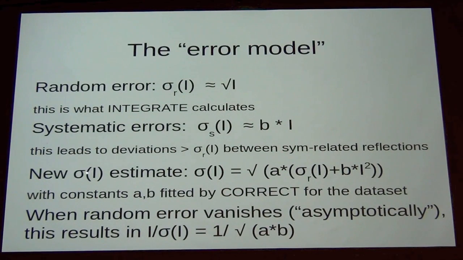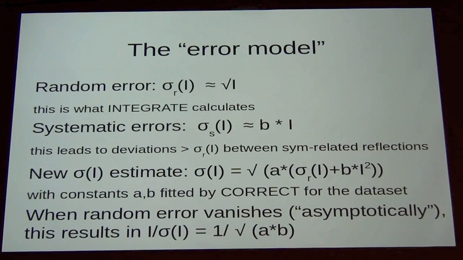So now the new error that is calculated, and this is now called the error model, for each measurement is the square root of this term here. And this just has a multiplier for the random error and a multiplier which occurs here in this formula. And I think I got it wrong. This should be then, yeah, the B and the B here, they are not the same B. Sorry.